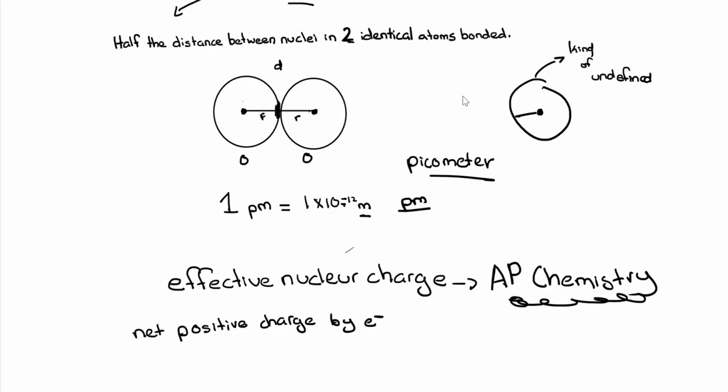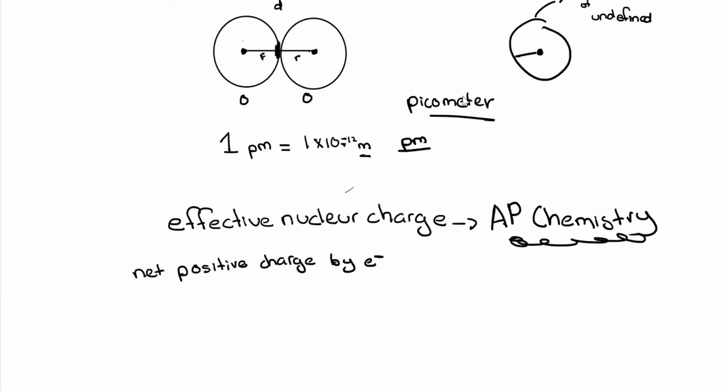What this means is that the protons in the nucleus exert a certain charge on the electrons, which keeps them within the atom. The positive force of the nucleus attracts the negative electron; the stronger the positive force, the stronger the effective nuclear charge.